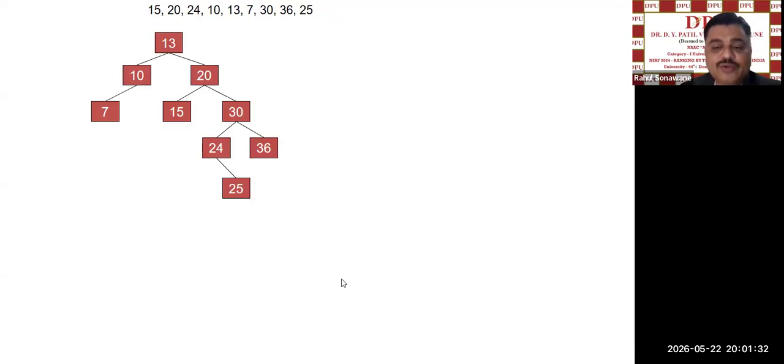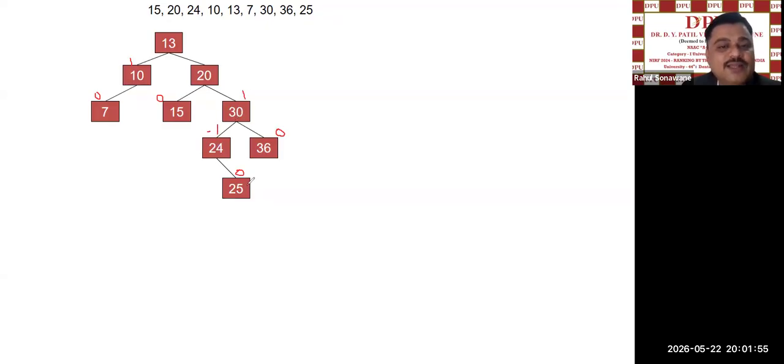Now go and compute the balance factor of every node. So this is 0, this is 0. Initially, write the balance factor of every leaf as 0. Then it will be very helpful for you. Then here 1, then 1 0 minus 1, it is minus 1. Then 2 minus 1, it is 1.